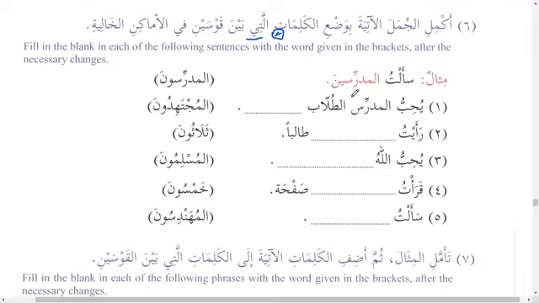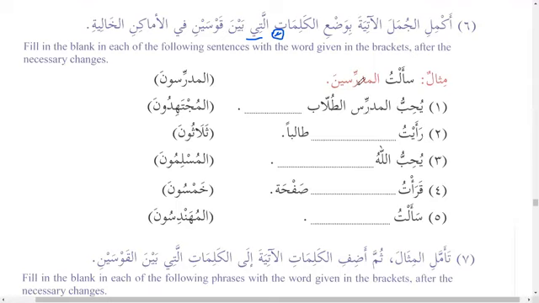Sa'altul mudarrisina, that's the example. I asked the teachers. And you know that it was mudarrisuna, but it has changed into mudarrisina because sa'altu is fi'l plus fa'il, and al-mudarrisina is maf'ul bihi. I asked the teachers. Okay. Yes, please continue. يحب المدرس الطلاب المجتهدين.